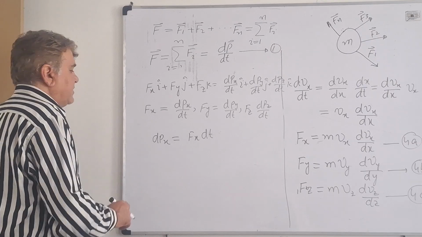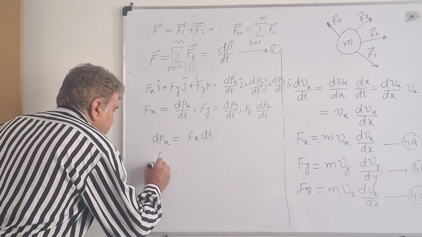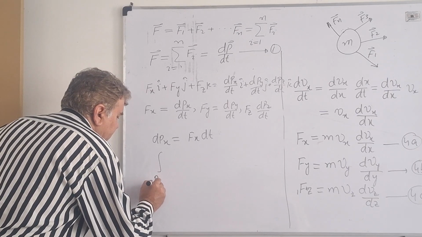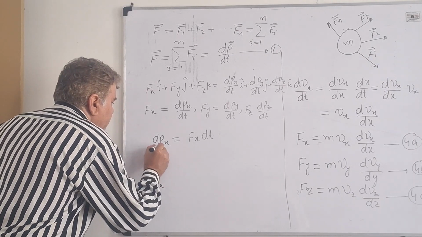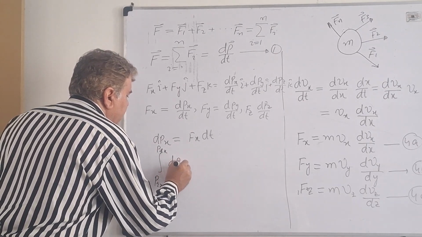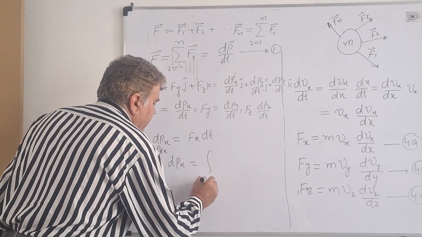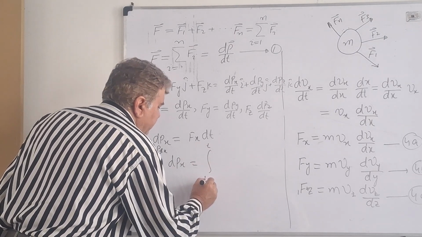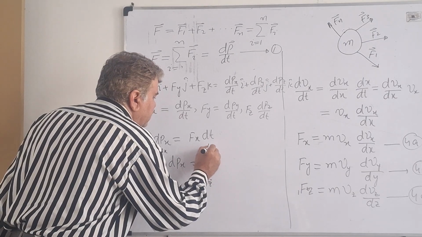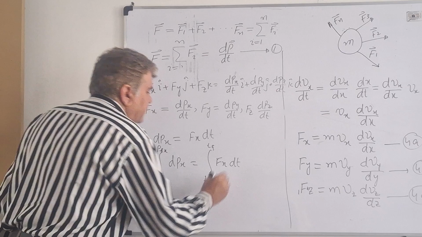Then I can integrate this equation formally to write the integral from pix to pfx of dpx equals the integral from ti to tf of Fx dt.